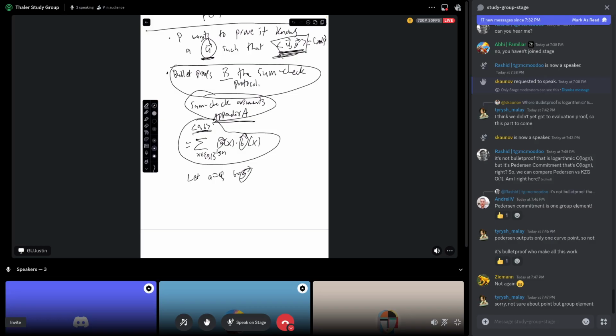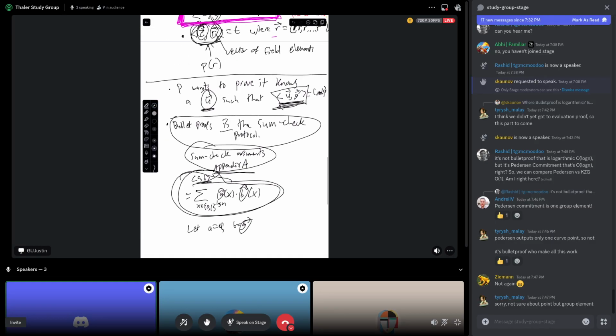If you apply the sum check protocol exactly as I said here, the messages the prover sends in the sum check protocol are exactly the same as the messages the Bulletproofs prover sends. So if you're comfortable with the sum check protocol, you should already be comfortable with Bulletproofs.